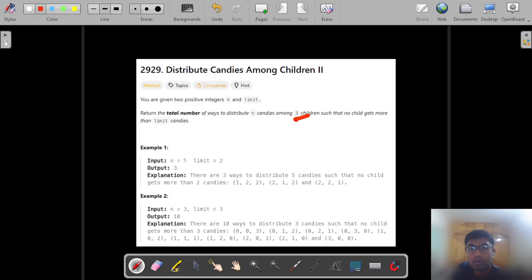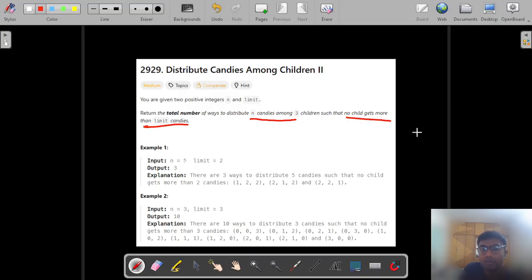So we need to distribute candies among three children such that no child gets more than the limit candies. Okay, so the points to note here is n candies among three children and no child gets more than the limit number of candies.